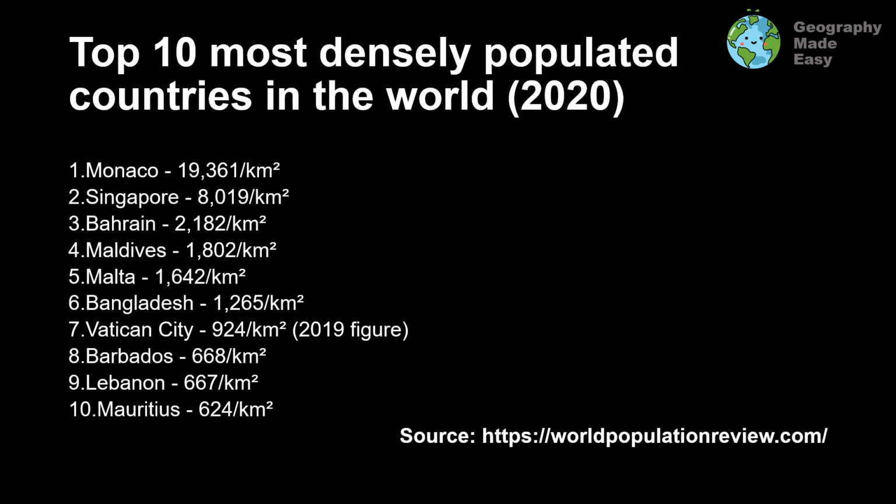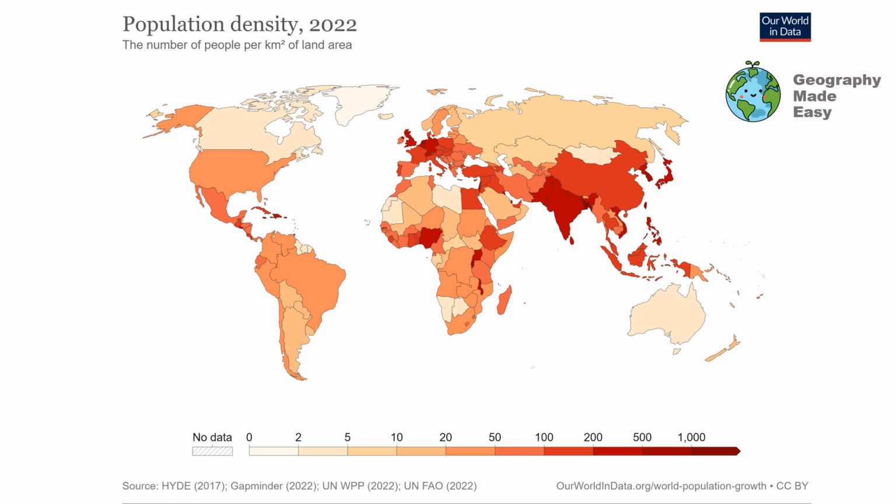Similarly, here we are looking at countries which have small areas: Singapore, Bahrain, Maldives, Malta, Bangladesh, Vatican City and others. But if we look at the total population, countries like India and China will have a much better score in this case.